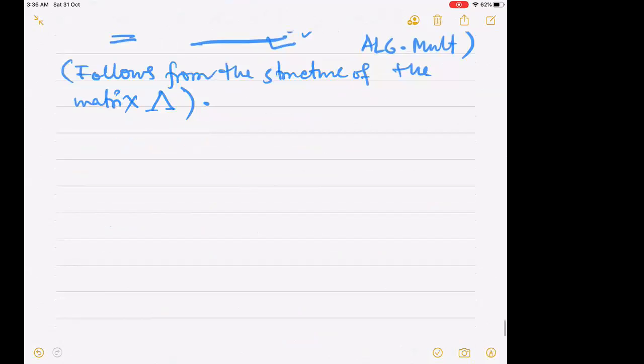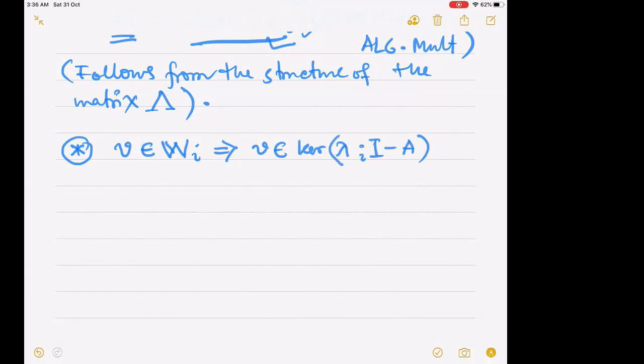So the first property that I want you to notice is that every vector in Wi, so v in Wi, means v belongs to the kernel of lambda i identity minus A. This implies lambda i minus A acting on v is equal to 0.